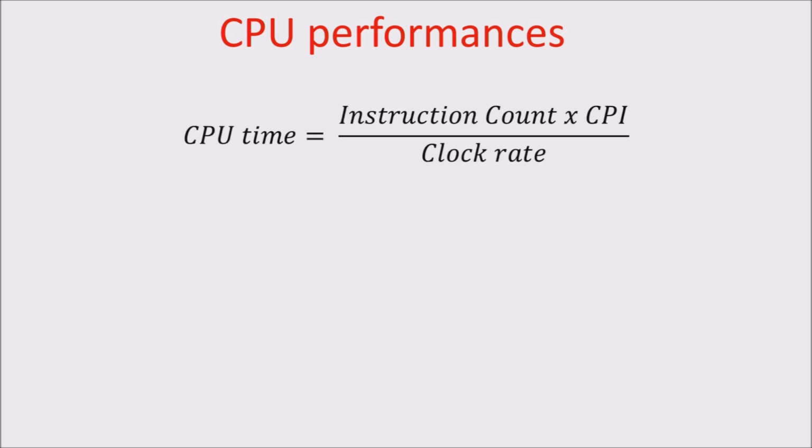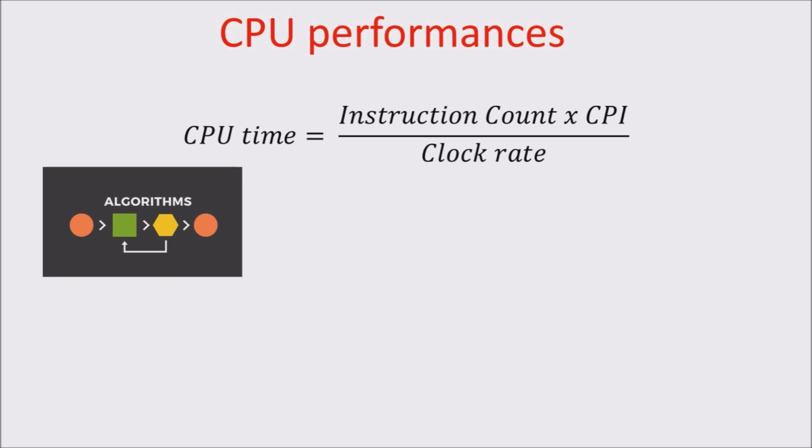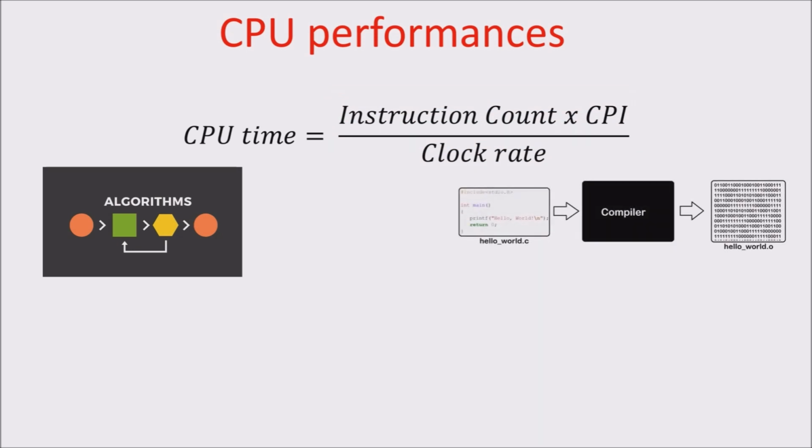Looking at this formula, we can understand what affects CPU performances. For example, using one algorithm or another affects the instruction count and even the CPI, because different instructions need different clock cycles. Using one compiler or another affects the instruction count and the CPI, because the compiler has to choose the basic set of instructions translating the high-level language, and it can be done in different ways and with different instructions.